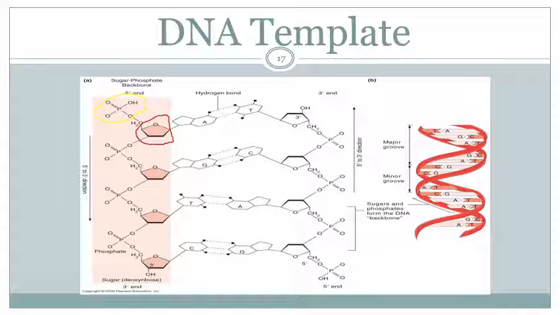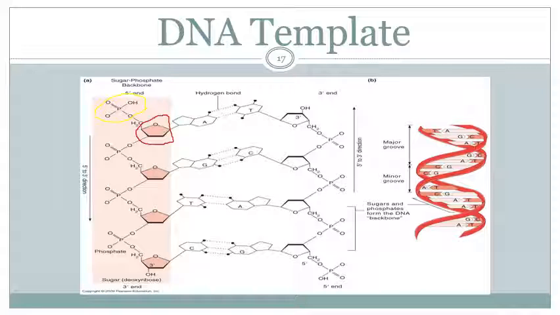Carbon number 5 is attached to the phosphate group, so this end is called the 5 prime end. At the other end of the DNA molecule, at the sugar end, it is the 3 carbon which is attached to the free OH group. That's why this end is called the 3 prime end.